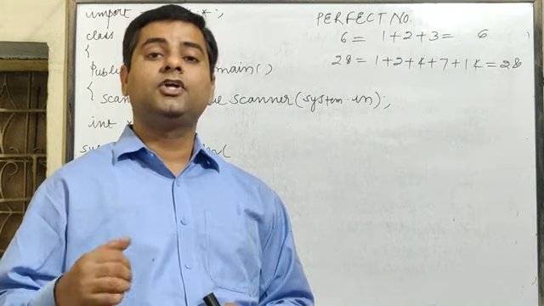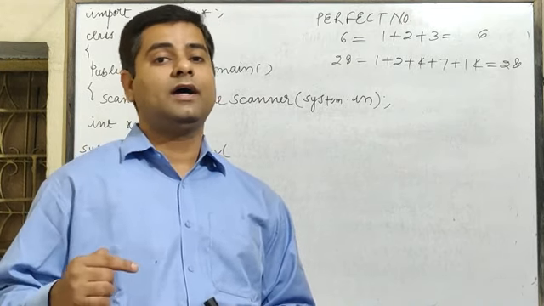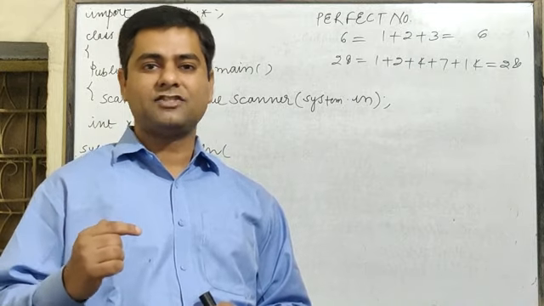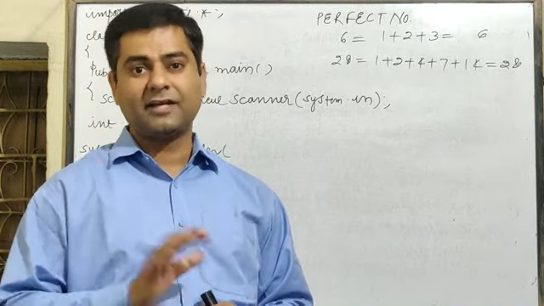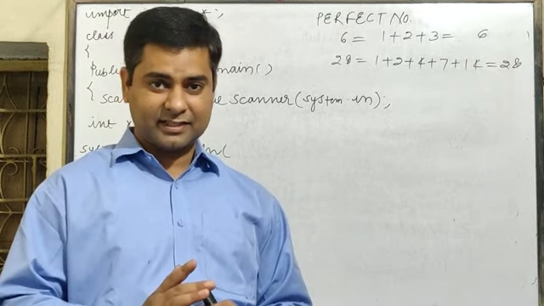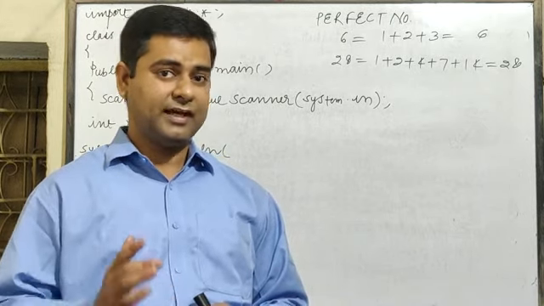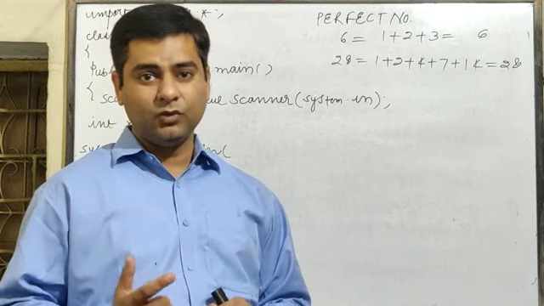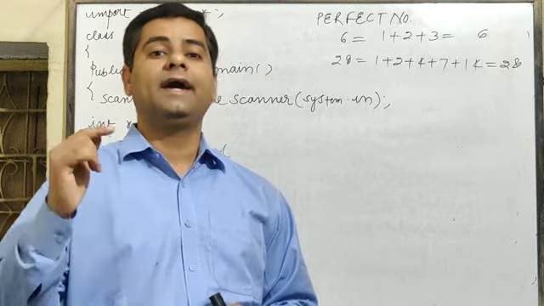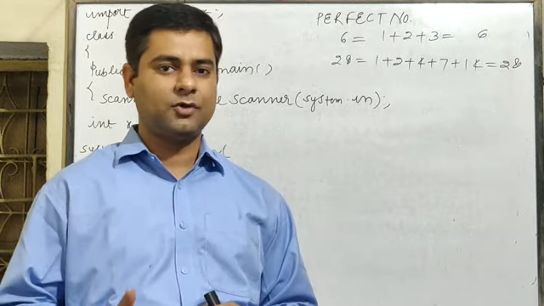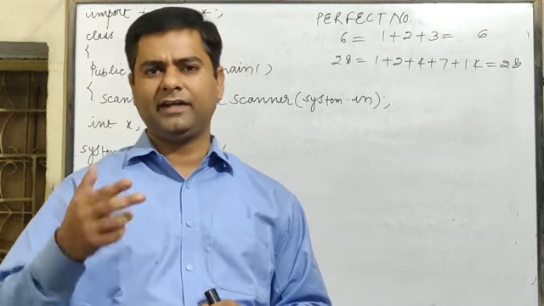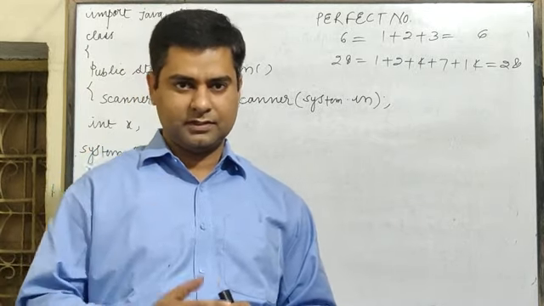Second concept is you can write the loop from 1 to x by 2, because any number can have its factors till its half, excluding itself. So the loop will be I equals 1, I less than or equal to x upon 2, I plus plus. The two methods are there. Whichever method you find easier, you can use it.